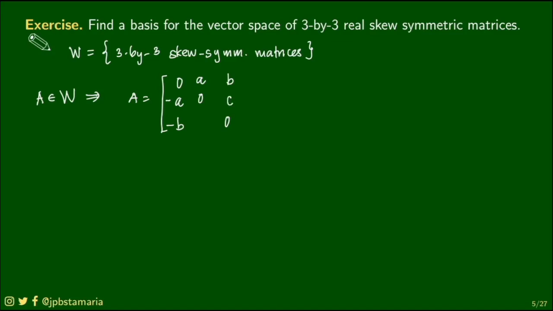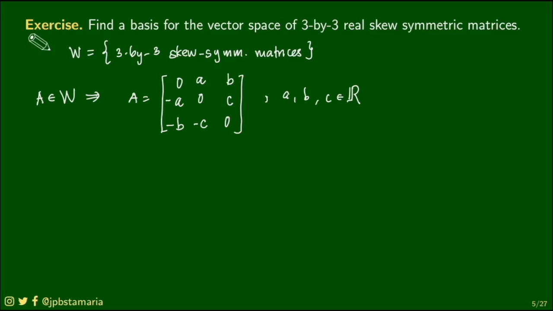Also, if we put an element c on the 2,3 position, because A is skew-symmetric, there must be a minus c in the 3,2 position. So, if A is 3×3 real skew-symmetric, we may write A as shown for some a, b, and c.